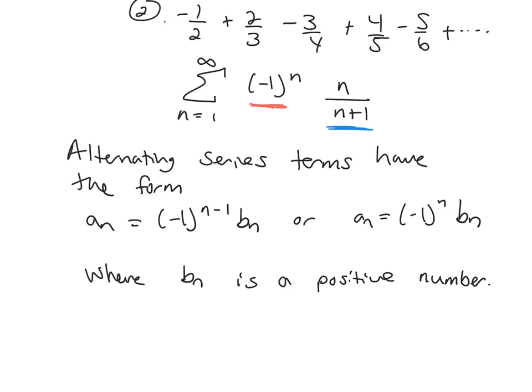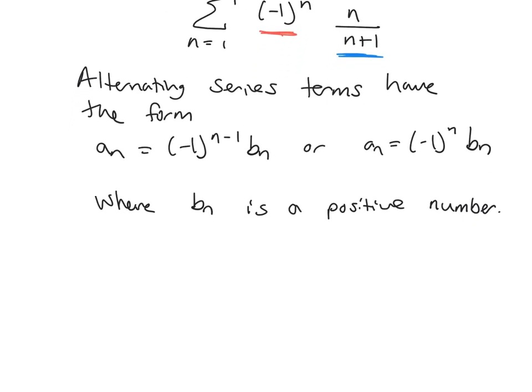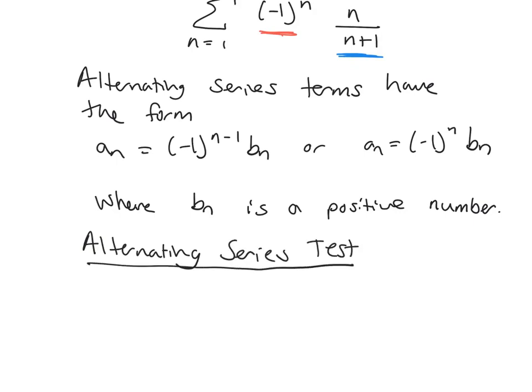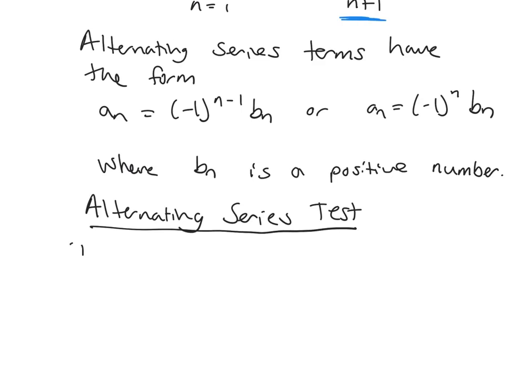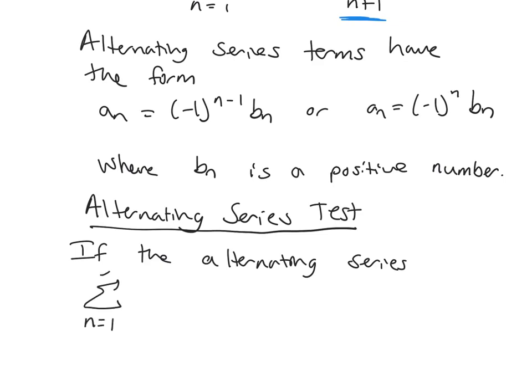So now that we know exactly what an alternating series looks like, I can now tell you what the alternating series test does for us, okay? Alternating series test. So if your series is actually alternating, there are two ways that your series could look like it's alternating.